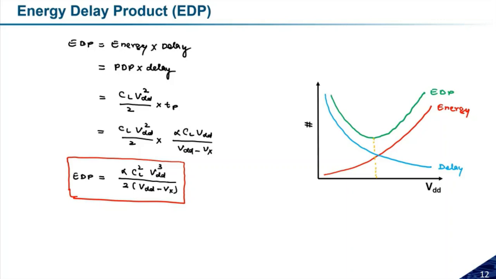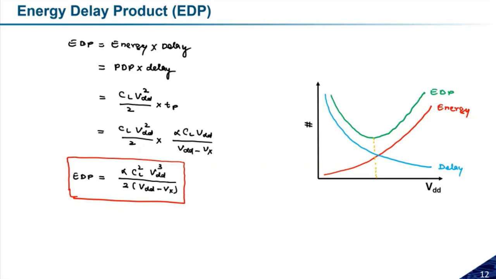If you are analyzing any circuit, you have to consider two things. First is power and second is energy. But at some supply voltages power could be less but the delay will be more, and vice versa. So to find the optimum value, the minimum supply voltage at which we can fulfill both criteria for power as well as for delay, you have to come up with the power delay product.